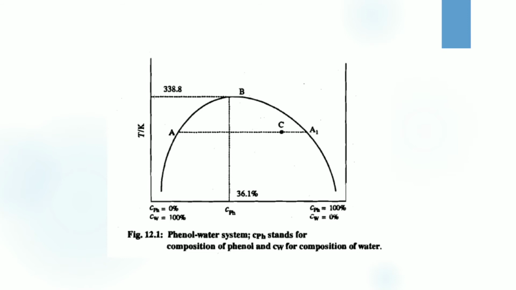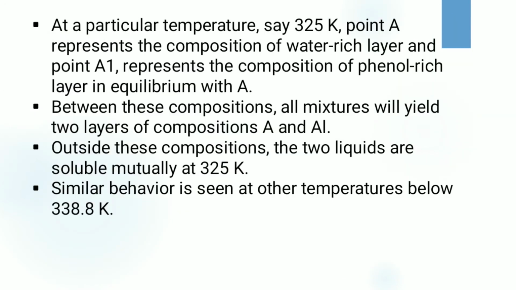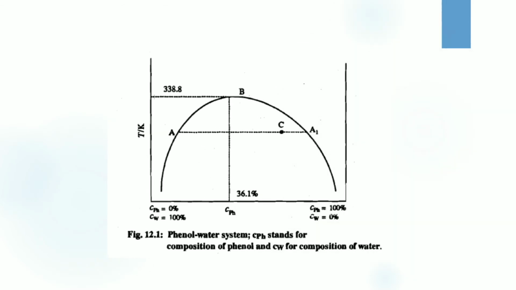Explaining this diagram in more detail, at a particular temperature, say 325 Kelvin, point A represents the composition of the water rich layer and point A1 represents the composition of the phenol rich layer in equilibrium with A. See this in the diagram, point A and point A1, right? So point A represents the water rich layer, whereas point A1 represents the phenol rich layer.